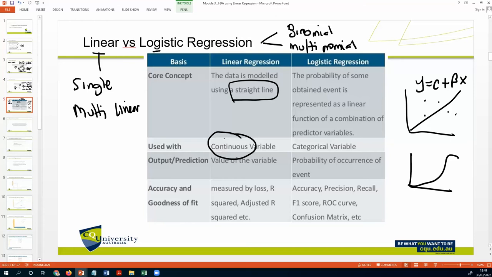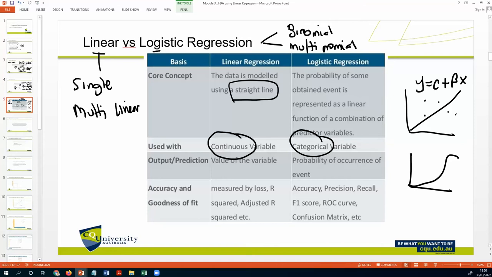Age 21, 23, 25, 27, 28 is continuous data. Salary of 100 million, 50 million, 70 million, 85 million is continuous data. But logistic regression uses categorical variables, not continuous.